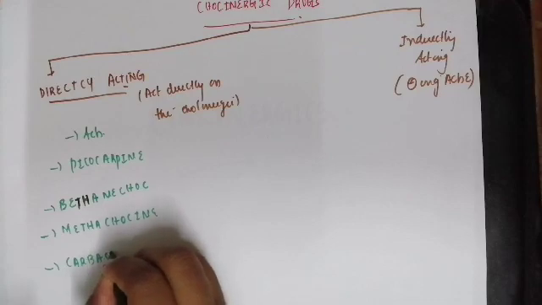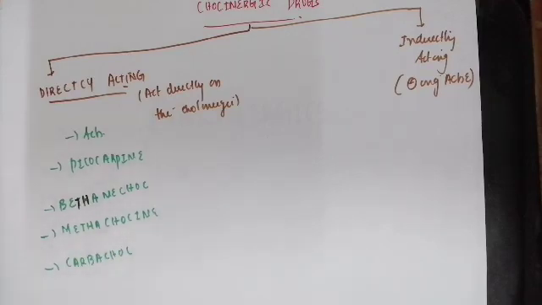So these are the directly acting drugs. Directly acting means these are directly stimulating the cholinergic receptors and producing cholinergic effects. So we have discussed the cholinergic effects on different organs.